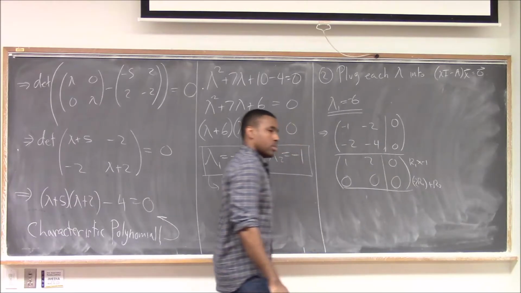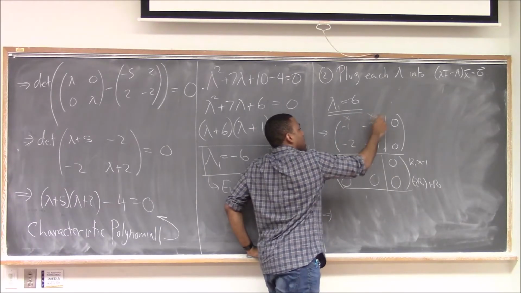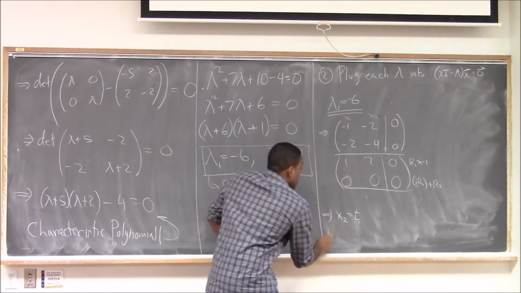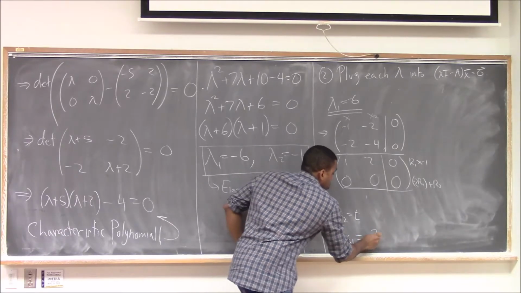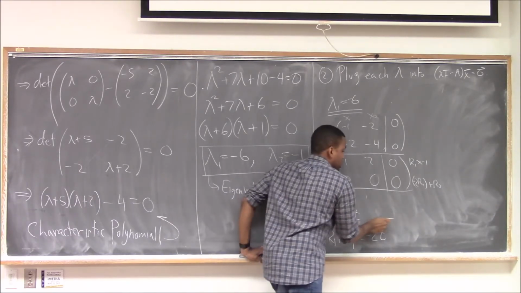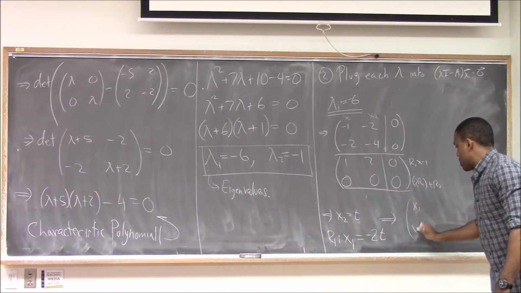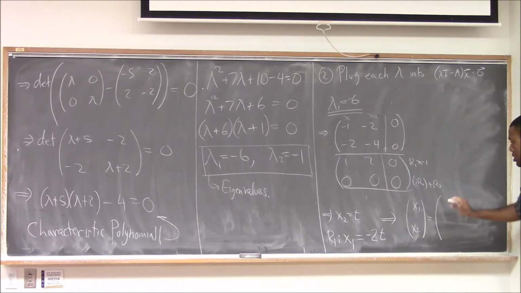So if I look at this as my x1 column and my x2 column, x2 is equal to t, and then row 1 tells me that x1 is equal to minus 2t, which means x1, x2 is equal to t times minus 2, 1.